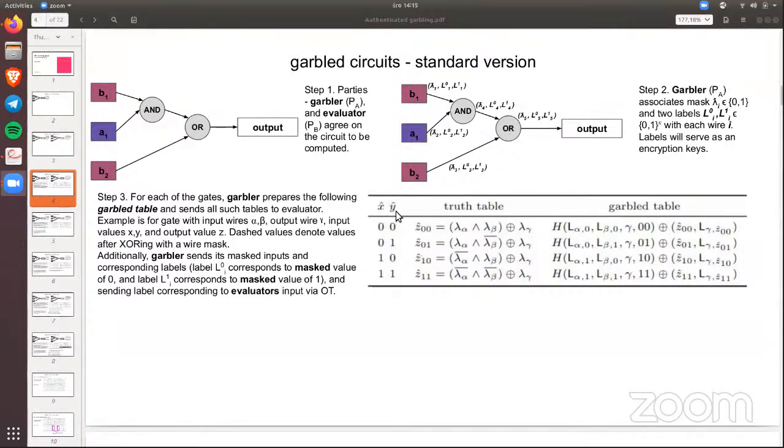And if one of the values is 1, we just flip one of the masks. Actually, we could XOR it with 1, but it's the same as just negating it. So yeah, I hope that it answers the question.